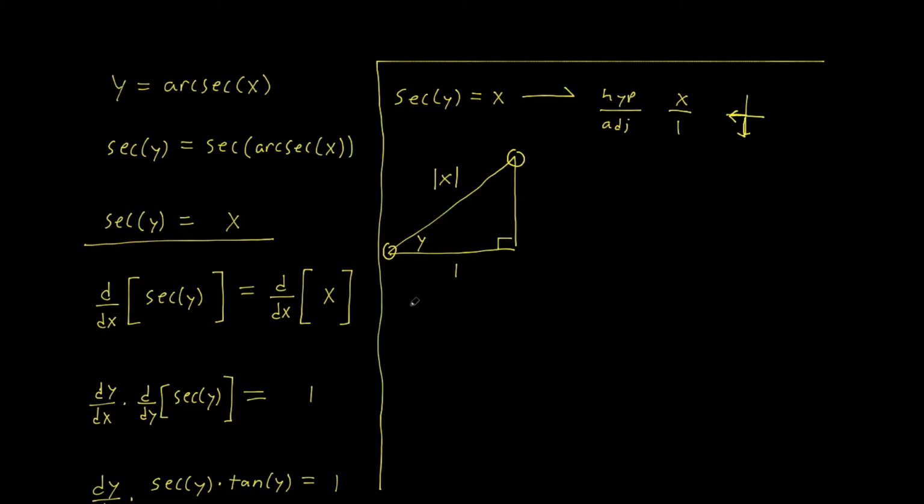So we can actually rewrite that triangle using a second trigonometric identity, and that's going to be, since we know secant equals hypotenuse over adjacent, and we also know cosine in general equals adjacent over hypotenuse, what we can say is that we have a hypotenuse equal to x.